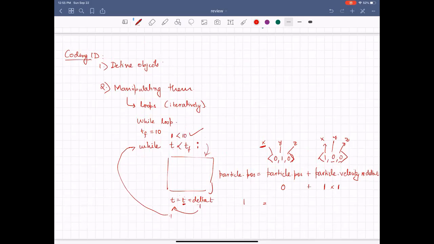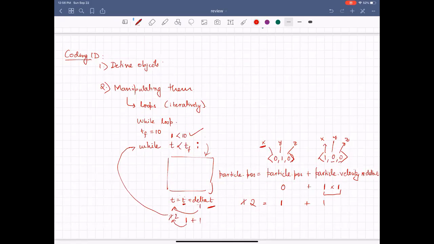In the next iteration, the new particle position is now 1, and this thing is still the same, so you're adding 1 to 1. So this becomes now 2. It goes into the last step of t equal to t plus delta t, so that means now t is 1 plus delta t is 1. So this becomes now 2.